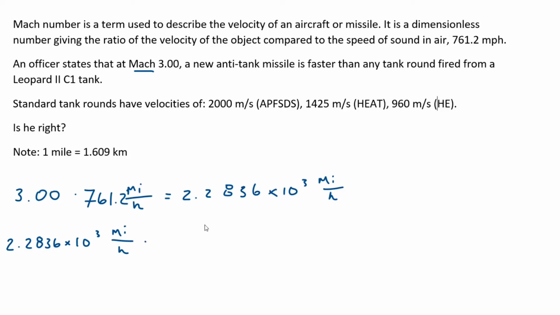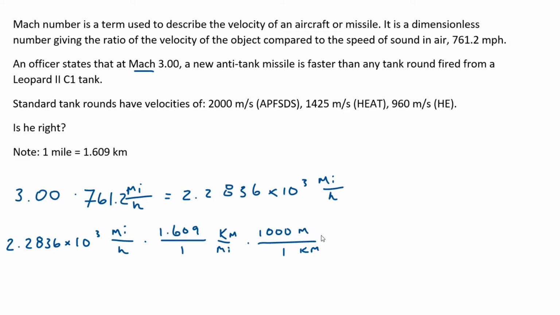So we want to get it out of miles, and we have miles into kilometers, so we'll divide out the miles into kilometers, and this is 1 mile per 1.609 kilometers. Okay, kilometers is not what we want. We want 1,000 meters per 1 kilometer. So that'll cancel out kilometers and leave us in meters.